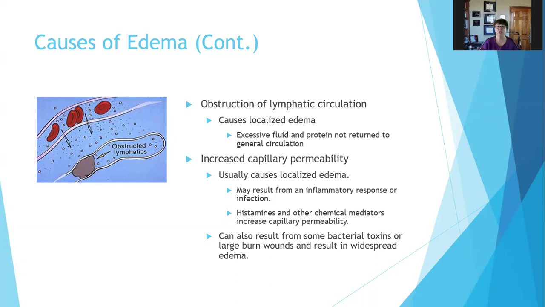Also, some bacterial toxins or large burn wounds can result in widespread edema because they cause that traffic jam effect. Large burn wounds, usually there's no place for the fluid to go because scarring from burn wounds can impair vessels. And so there's no place for the fluid to go, and it results in widespread edema.